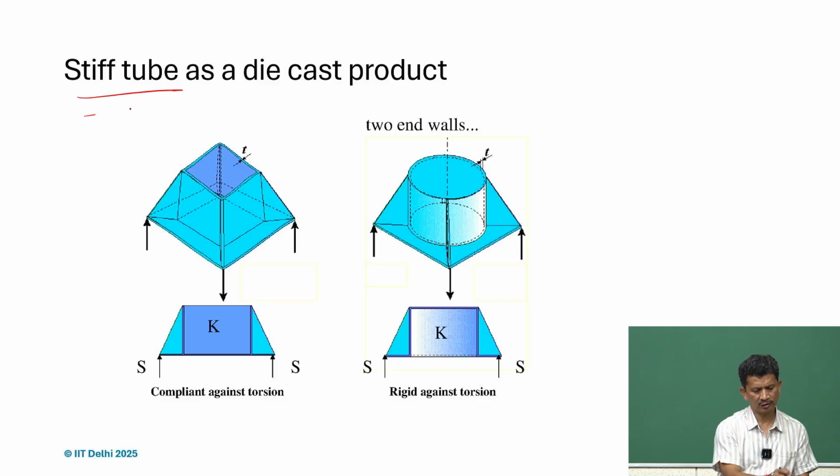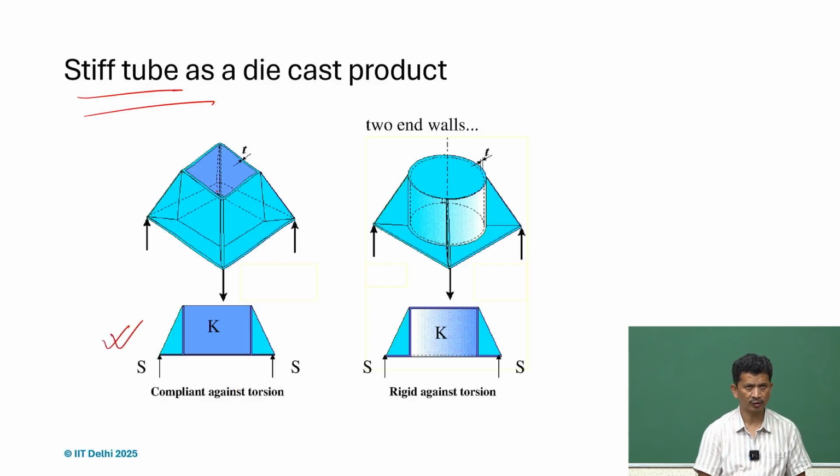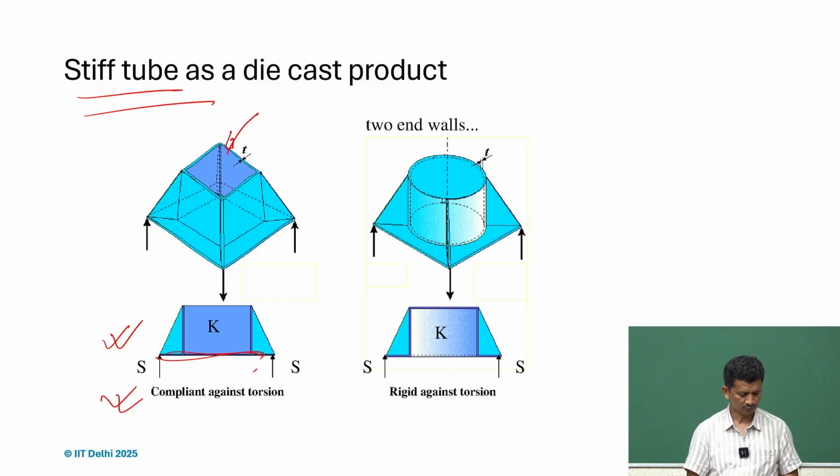So, a similar kind of thing, a stiff tube. Suppose you have this kind of design, again a square cross section, open here but closed at the bottom. What we realize is that under torsion, this kind of load, it is compliant and tends to deform. So what is a good way?